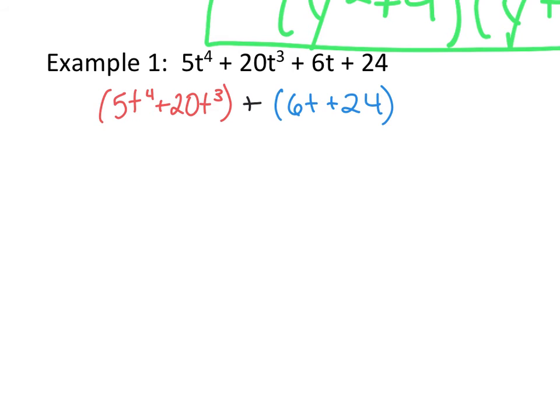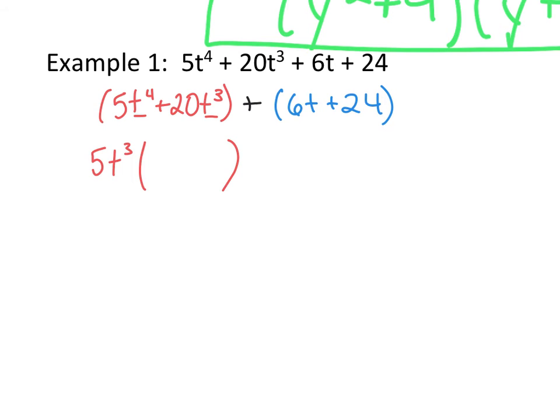Okay. Looking at my first two terms, just starting with their coefficients, 5 and 20. What goes into both? 5. And I've got t to the fourth and t to the third. What goes into both? 3 t's, right? So t to the third. Now we're going to see what's left over. 5 divided by 5 is just... 1. And then t to the fourth divided by t to the third.